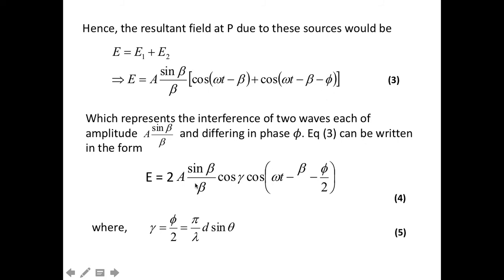It can be rewritten as A sine beta upon beta cos gamma cos omega t minus beta minus phi by 2. Here gamma, that is phi by 2, is equal to pi upon lambda d sine theta.